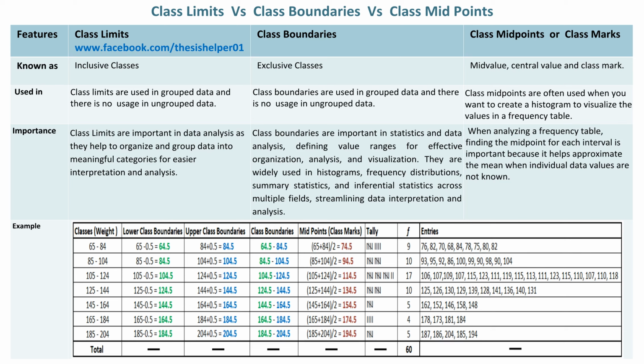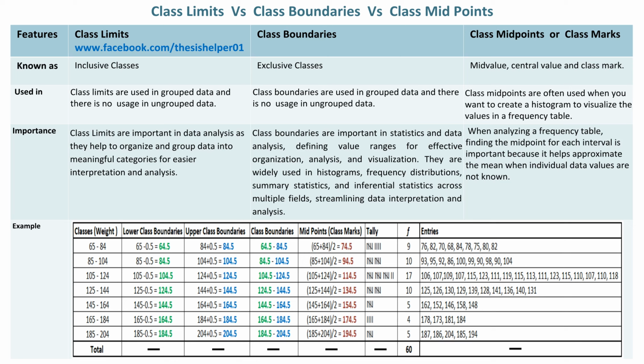Class limits are important in data analysis as they help to organize and group data into meaningful categories for easier interpretation and analysis. Whereas, class boundaries are important in statistics and data analysis, defining value ranges for effective organization, analysis, and visualization.